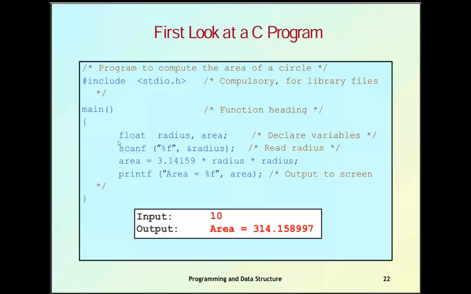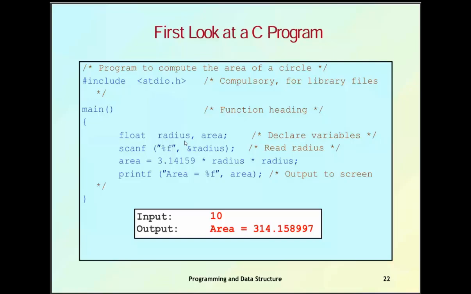Well and good. Now you must have a mechanism to store that value. You cannot store the value in the air. You must have a way to store that value in your computer. So for that purpose, we are defining a variable named radius. Radius is a variable in this program that is intended to store the value of the radius, whatever the user will provide you. Why we need this?